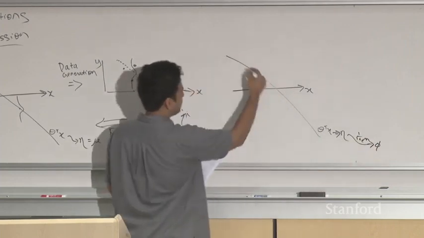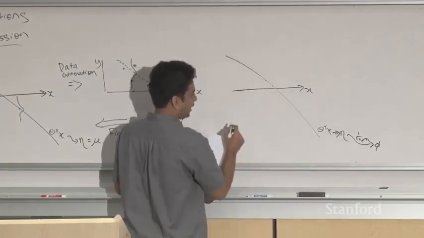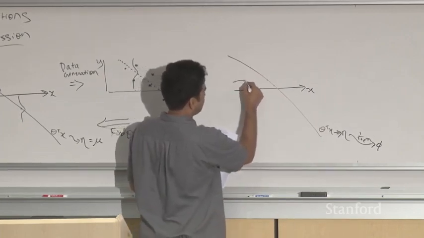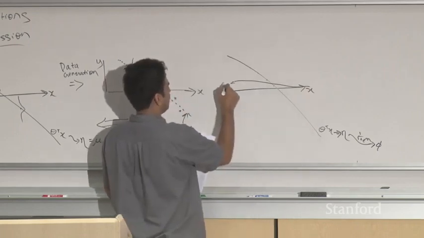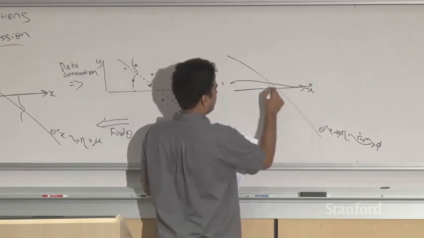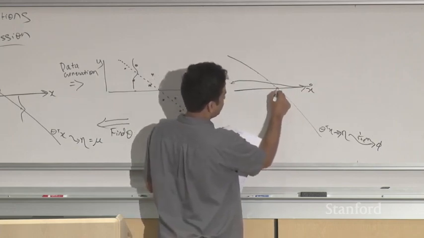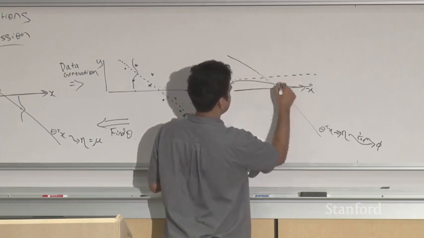Right? So if these are the etas for each x, we run it through the sigmoid, and we get something like this. Right? So this tends to 1, this tends to 0, and at this point, when eta is 0, the sigmoid is 0.5. Right?